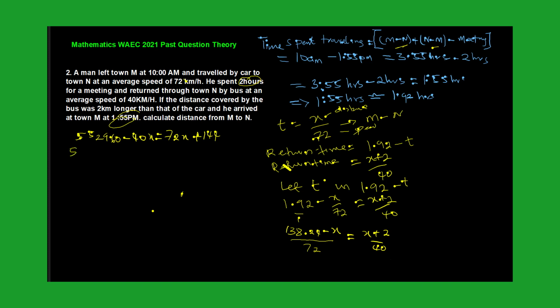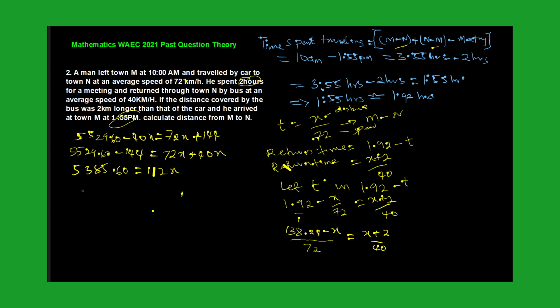Now let's collect like terms. So that would be 5529.60 minus 144 equals 72X plus 40X, and that will be 5385.60 equals 112X.